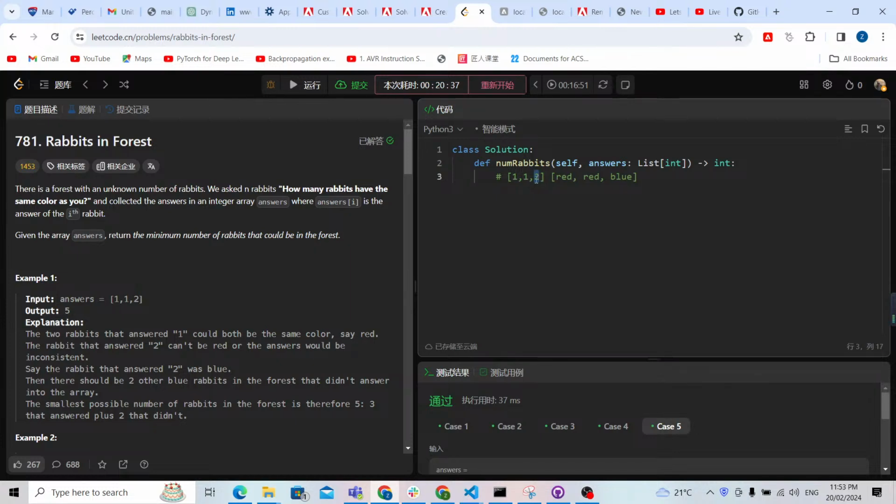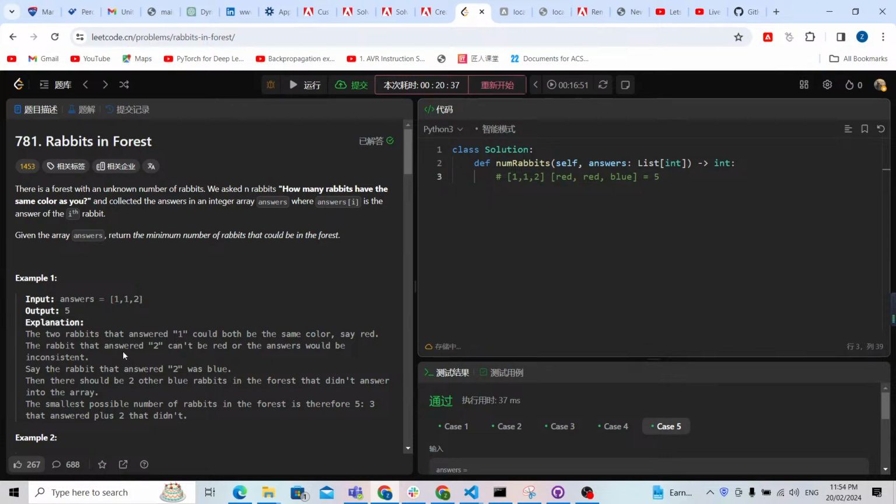Because if it is red, this rabbit knows those 2, and those ones also know those 2. It would be something like 2, 2, 2, which just means these 3 rabbits know each other, but our case is not that. It cannot be like 2, 2, 2. So this blue rabbit must know other rabbits, maybe black. So it means it should be 1 plus 2 for the group, so in total it's going to be 5.